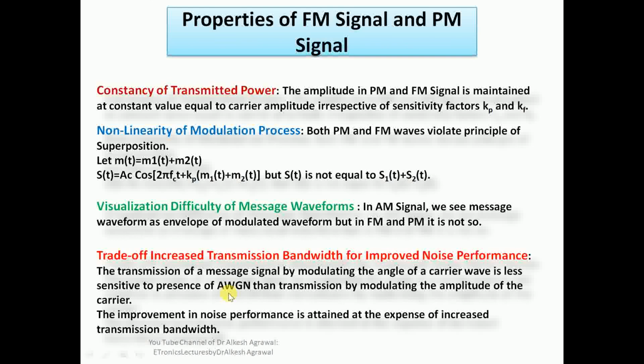So additive white Gaussian noise does not affect these PM and FM signals much, as compared to an AM signal, where the transmission is by modulating the amplitude of the carrier. So there is an improvement in noise performance, but it is at the expense of increased transmission bandwidth.